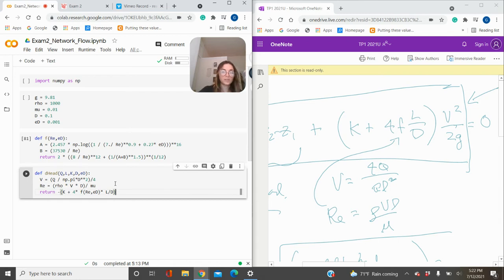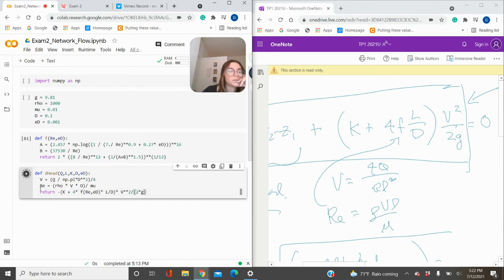And then we times that by our velocity squared, divided by 2 times the gravity constant. And that should be good.